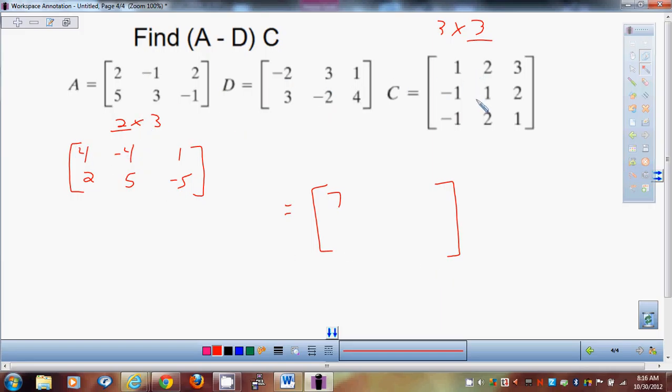Negative 4 times 1 is negative 4. 8 plus negative 4 is 4. 1 times 2 is 2, so 4 plus 2, 6. First row, third column. 4 times 3 is 12. Negative 4 times 2 is negative 8. Every time I'll write the numbers here. 1 times 1 is 1. So 12 minus 8 plus 1 is 5.